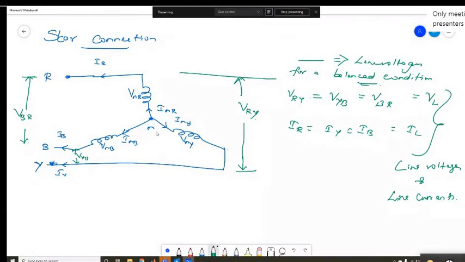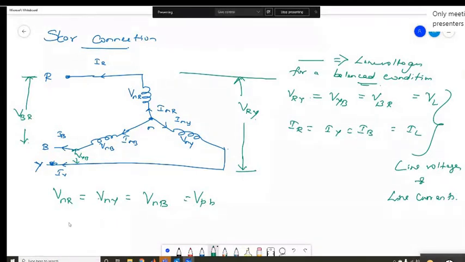What are the phase voltages and phase currents here? If you look at this voltage VNR, this is specific to this particular phase. So VNR, VNY and VNB are all the phase voltages. These are all equal for the balanced condition.